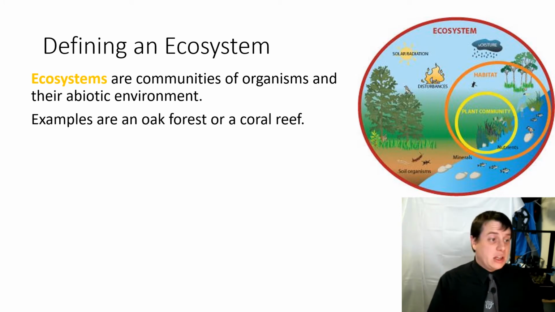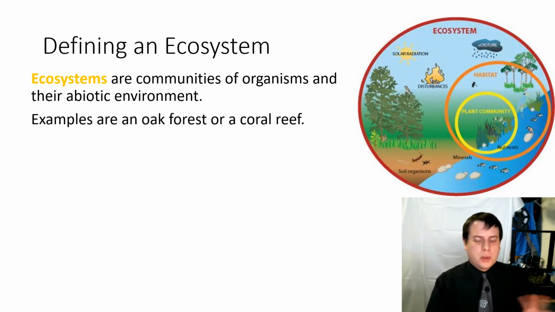An example of an ecosystem could be an oak forest or maybe a coral reef. Now, these ecosystems, they of course border other ecosystems, and sometimes you have this kind of transitional zone between them, and it's not always like, oh, here's one, here's the next. It's not like they've got fences around them. So there's always a little bit of squishiness there, but that's the general idea.